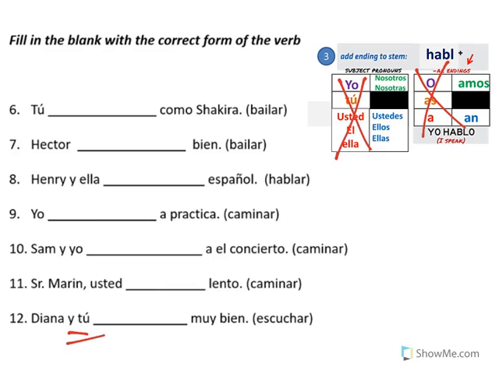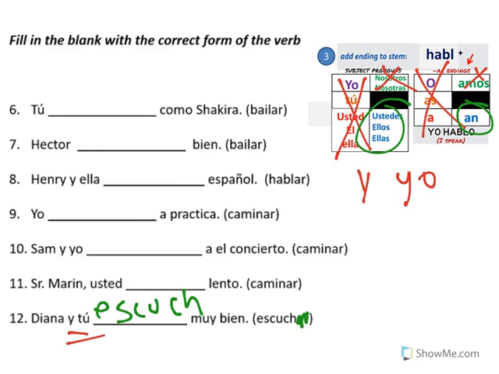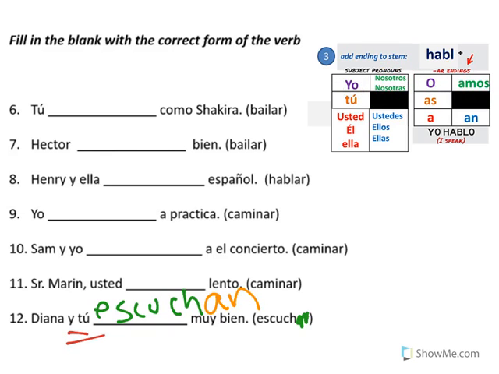Y tú, and you, means that I'm talking to them. It does not say y yo, so can't use it. Right there, we're going to write everything but the AR. Our ending was right there. Escuchan. Whew. That took a while, didn't it? All right.